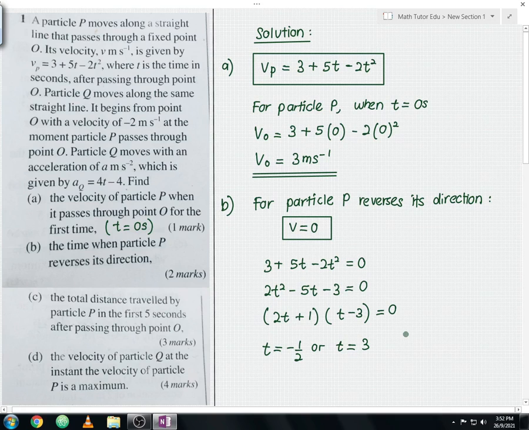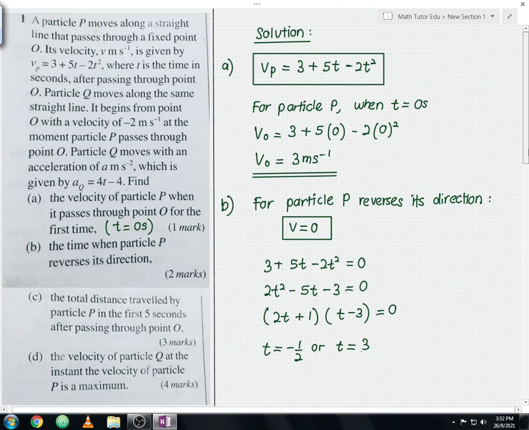But you have to be very careful. Your time can never be a negative value. So since your time can never be a negative value, this negative 1 over 2 can never be a solution. So you can only have one possible solution where t is equal to 3.